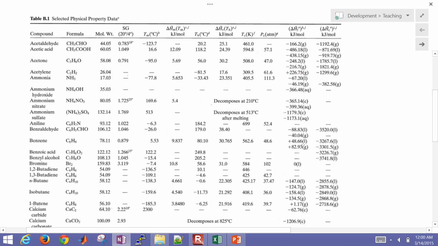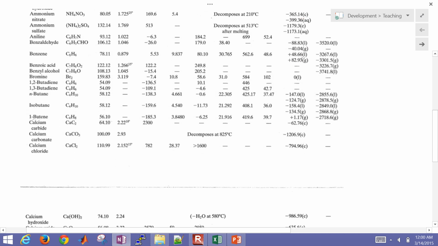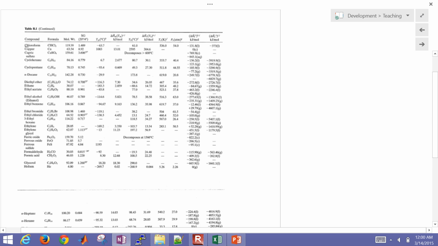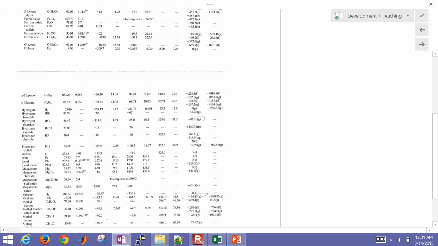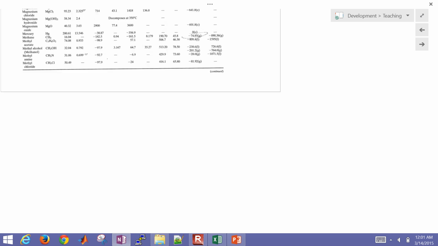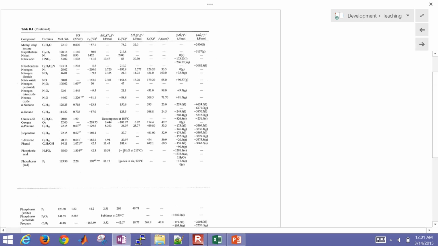Okay, so here it is. We have for liquid, and then we also have for gas. We're going to use the gas for ammonia. Okay, and then we can look at some of our other ones. Oxygen, nitrogen, those are going to be 0. Those are defined as 0.